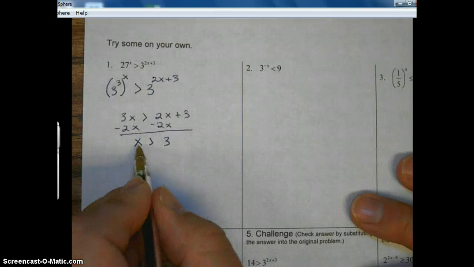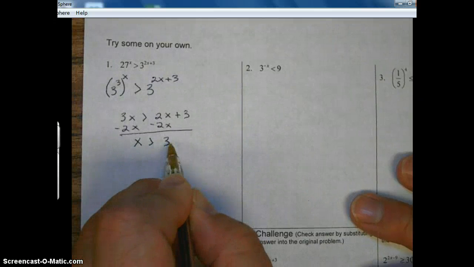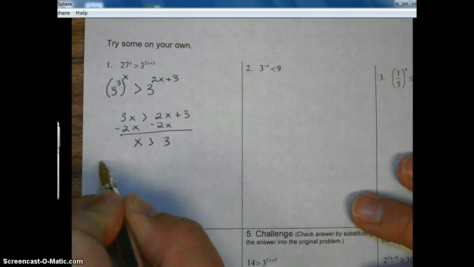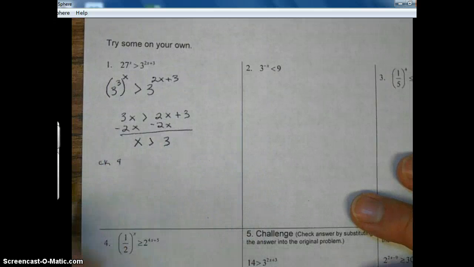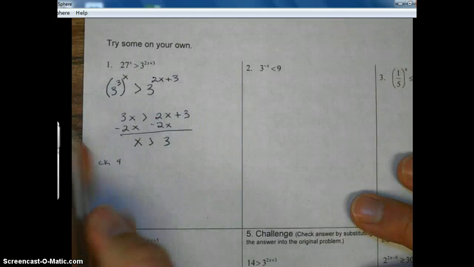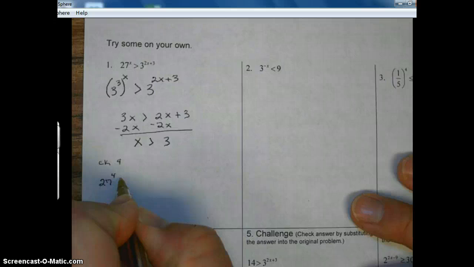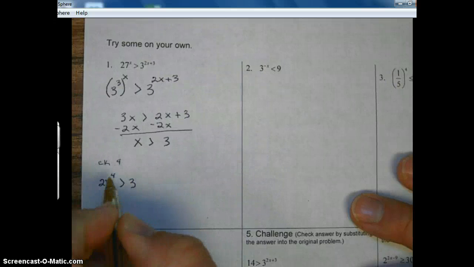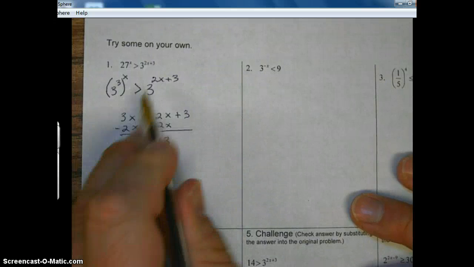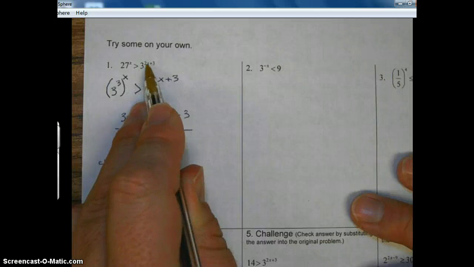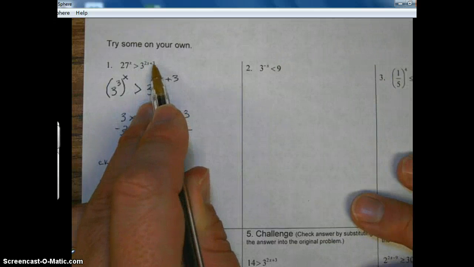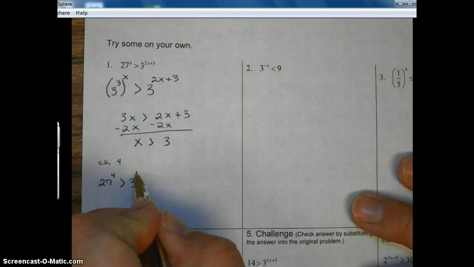So if I choose a number greater than 3, let's check 4, we get 27 to the fourth power is greater than 3, plugging our 4 in, we get 2 times 4 is 8, 9, 10, 11, 3 to the 11th power.